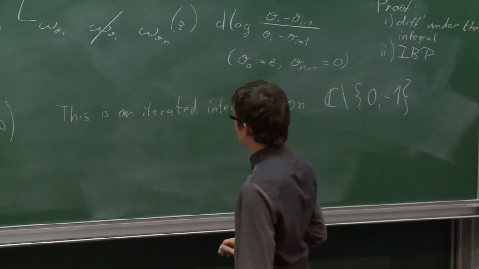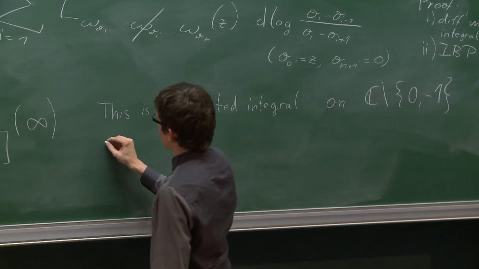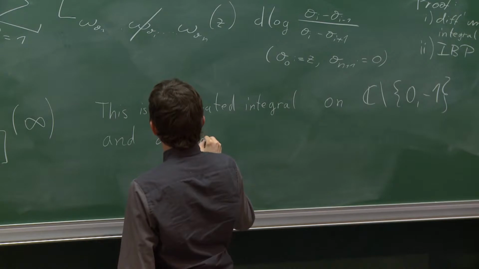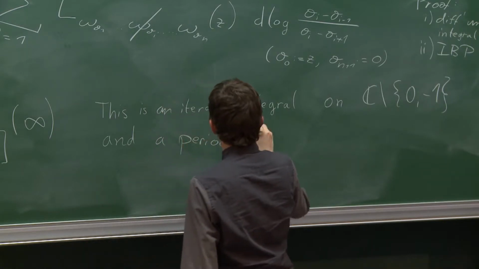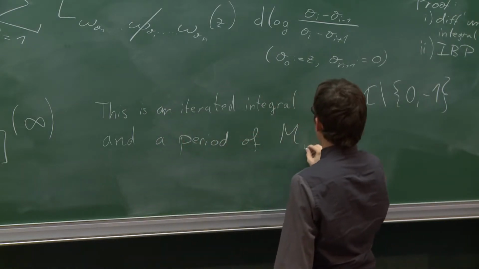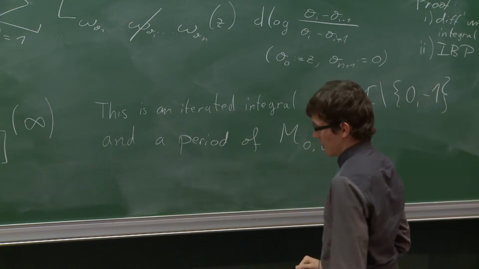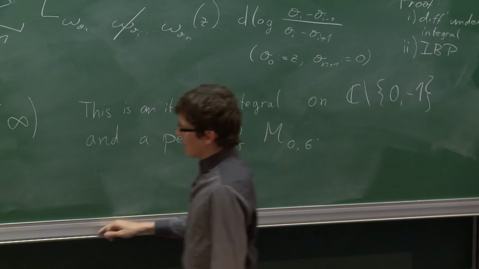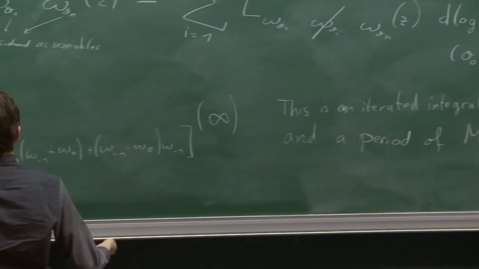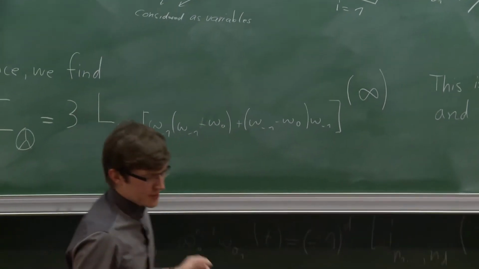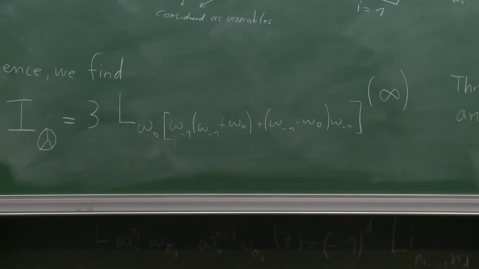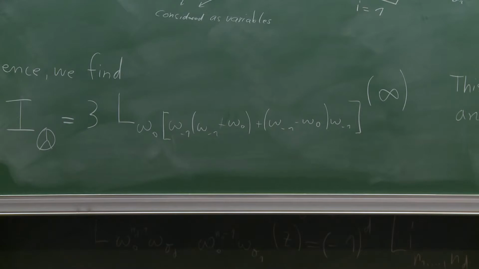You can also think of it as a period of M06. And if you want to write this as a multiple zeta value, you just use Möbius transformations, for example, or associators which relate infinity to 1 in some way.